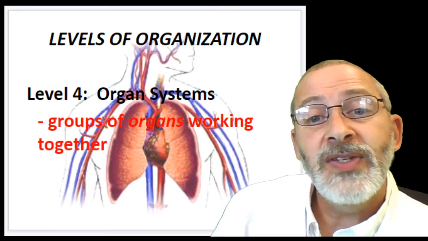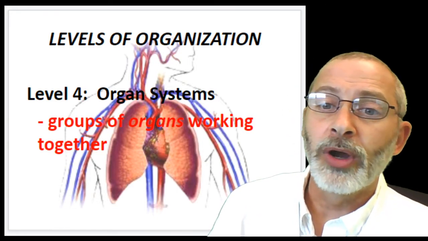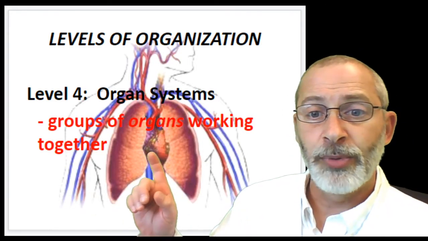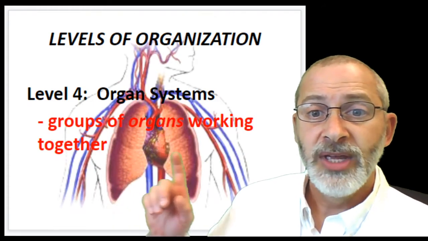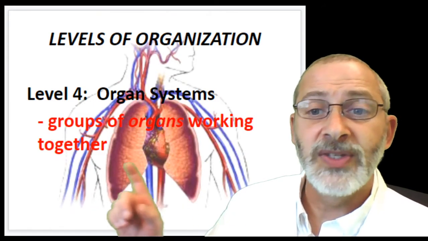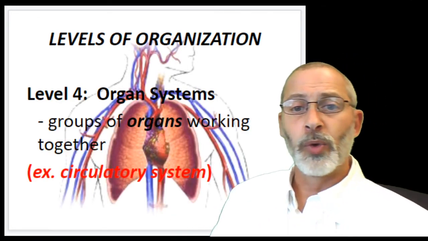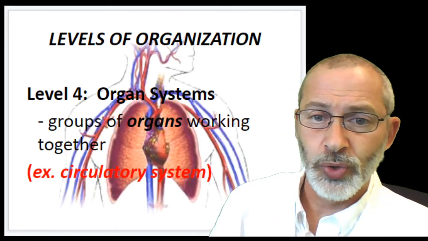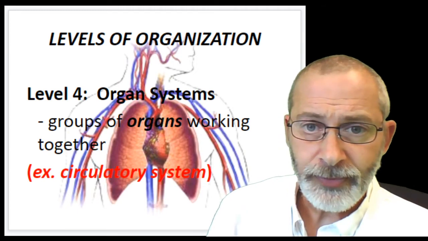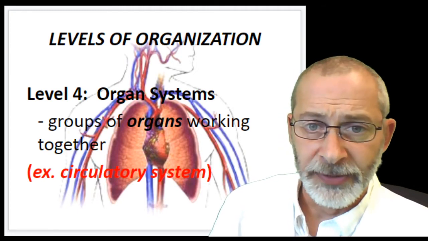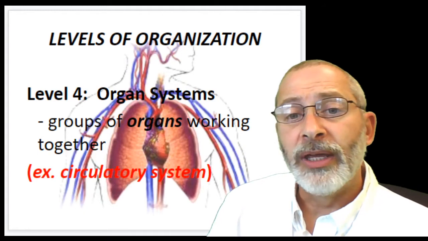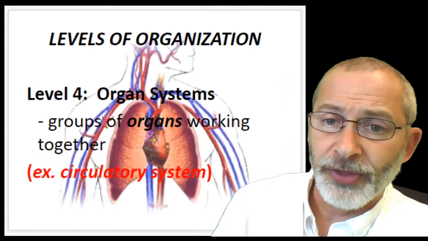So, organ systems are groups of organs working together. In this example, we have the heart and the lungs. That is an organ system called the cardiovascular system. Here we're calling it the circulatory system. But organ systems are organs working together.